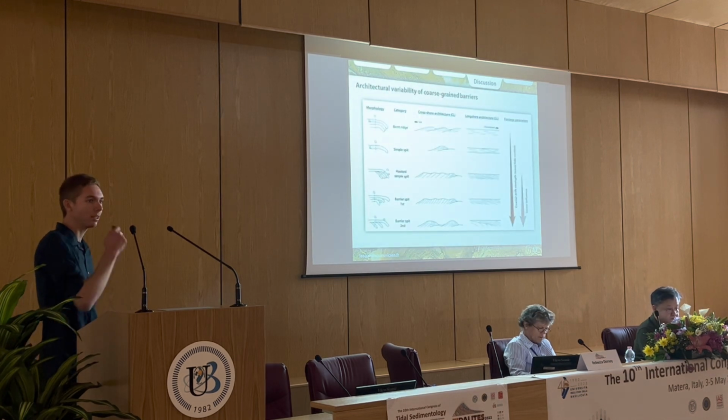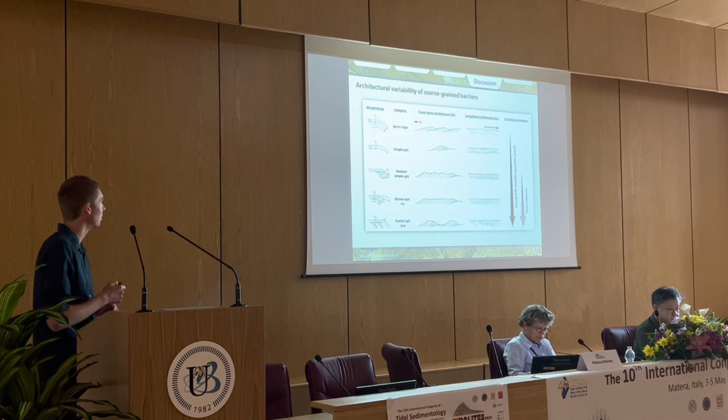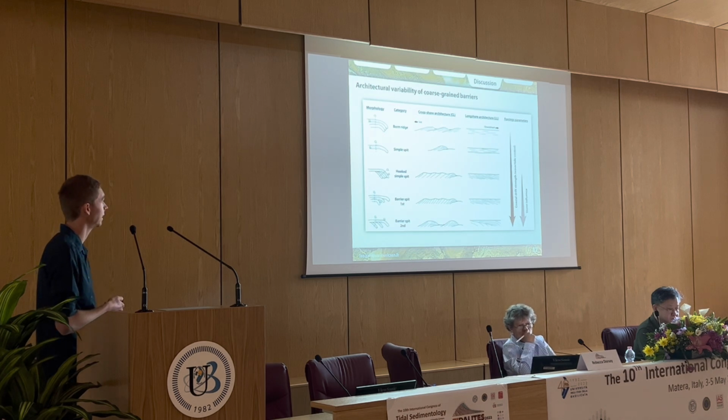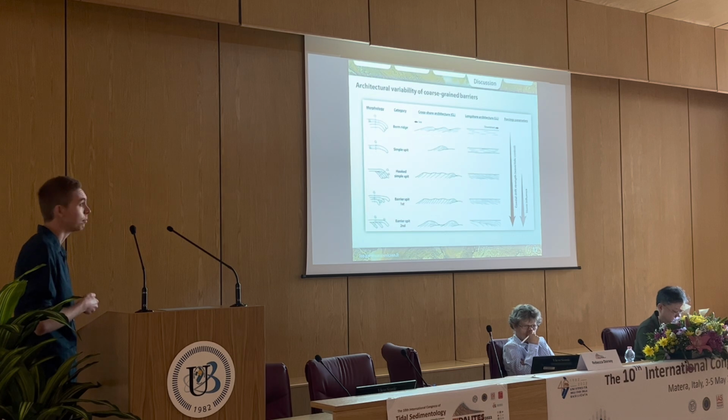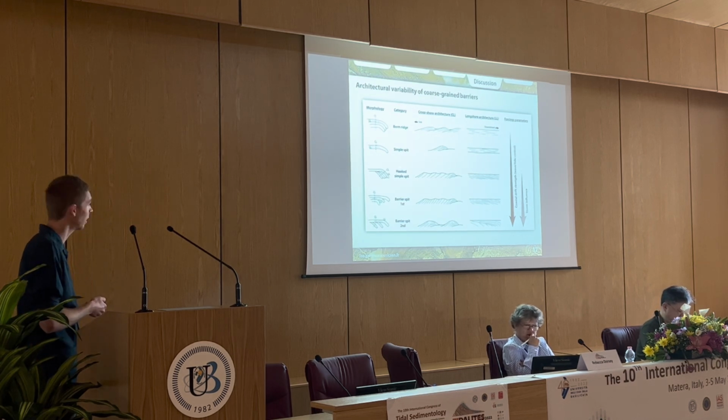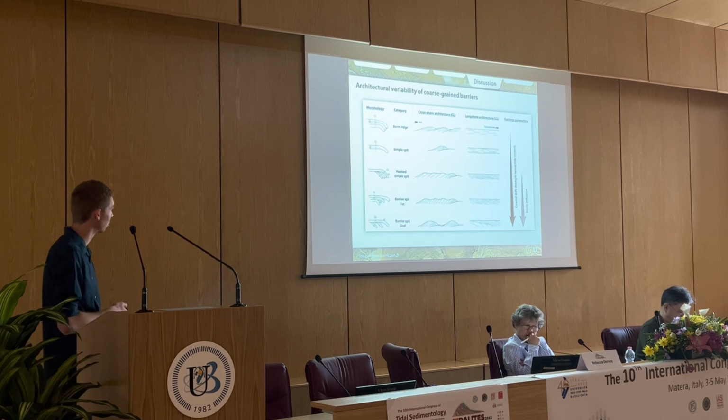So with all this GPR data, all this stratigraphy, we have done this preliminary classification where I associated a barrier morphology with a cross-shore architecture but also a longshore architecture. And as we can see, there are some barrier morphologies that are very, very similar in a cross-shore section.